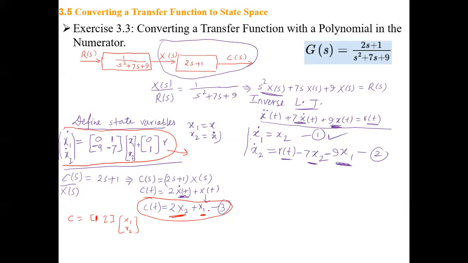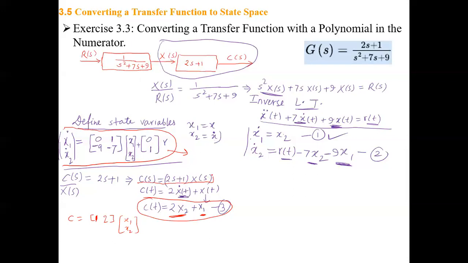Yeah, I have a question super quick. In getting equation 3, can you talk a bit more about how we got to the second part of that, which would be CT equals 2X dot T plus XT? Yeah, so you understand this line, right?